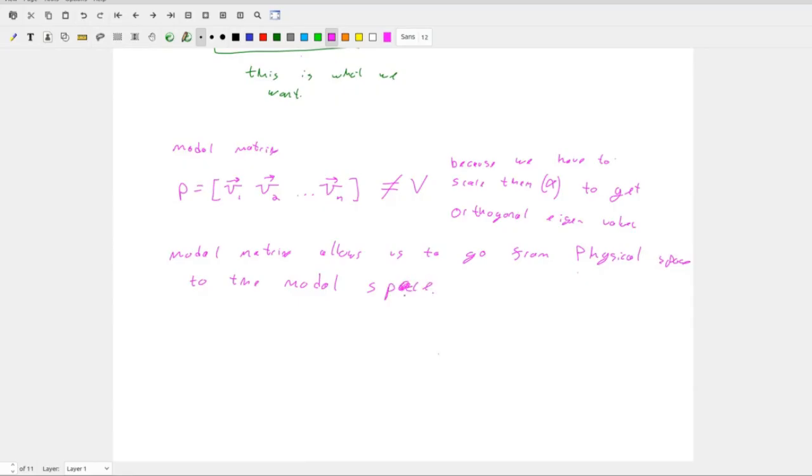Our little magic donkey that we can ride through space. I don't know. Horse. It's the tool that allows us to transfer from our physical to our modal space.